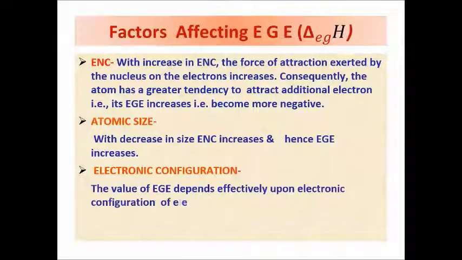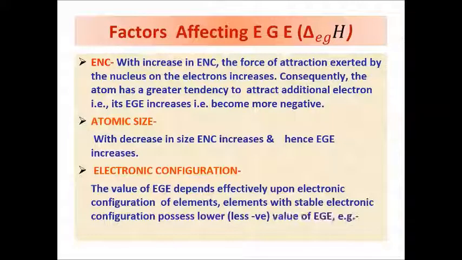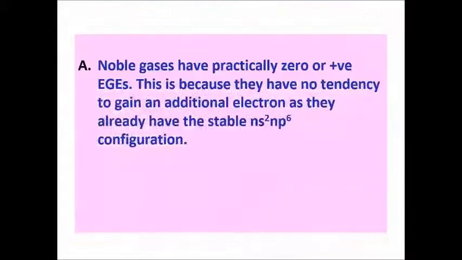The value of electron gain enthalpy depends upon the electronic configuration of elements, and elements with suitable electronic configuration have a lower value of EGE, that is, electron gain enthalpy. An example is noble gases, which have practically zero or positive electron gain enthalpies.